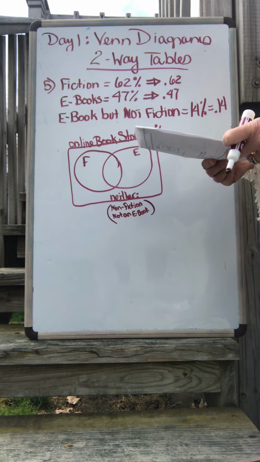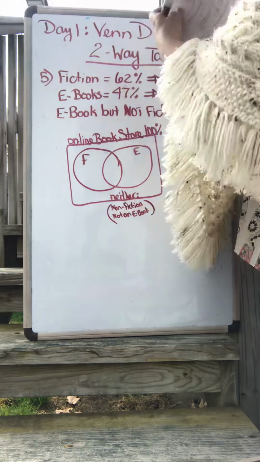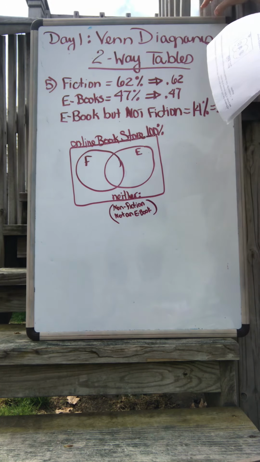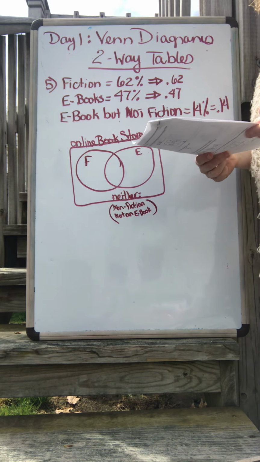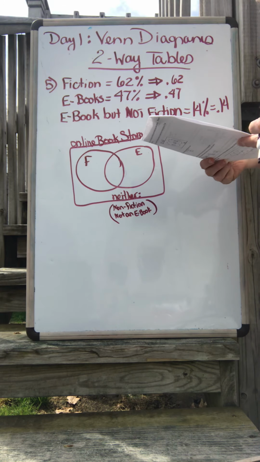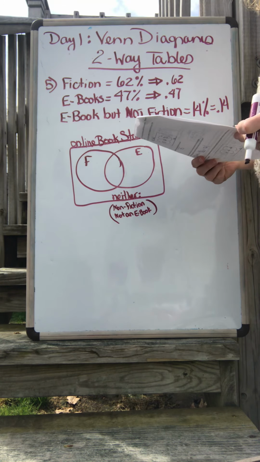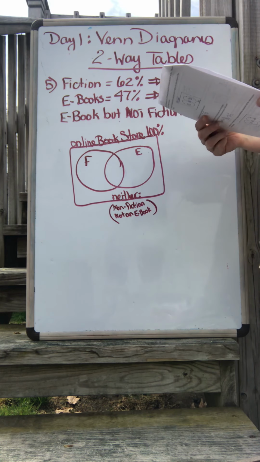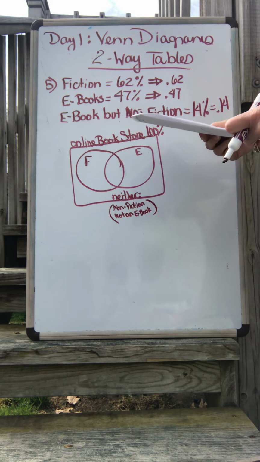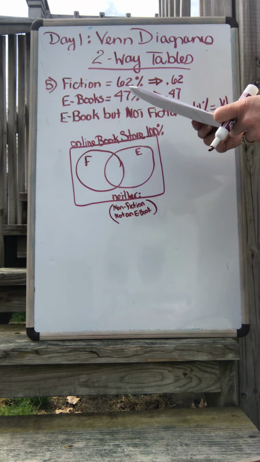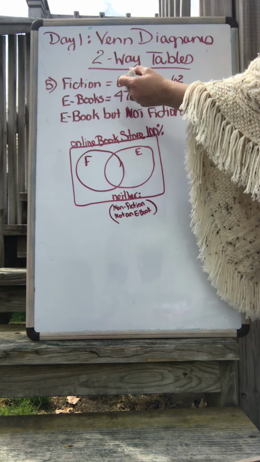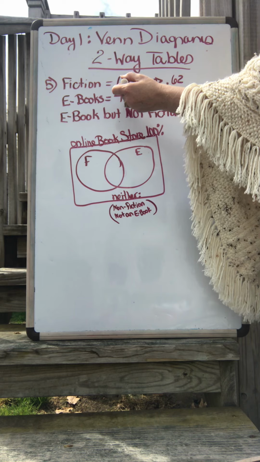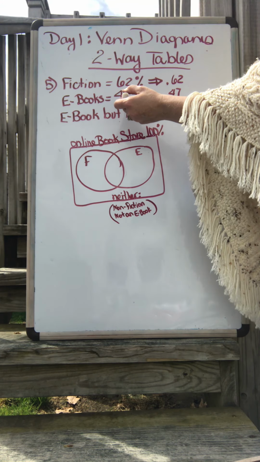So they say, using the Venn diagram, find the probability. Now, because we're in percent form, these are probability form. It says a work of fiction and available as an ebook. Well, we have to first think about this. We have 62% are fiction and 47% are ebooks.